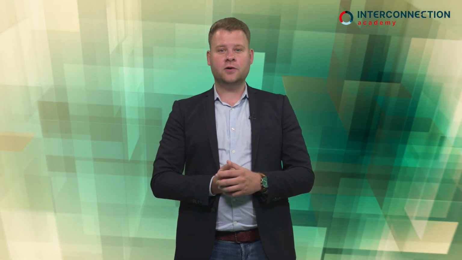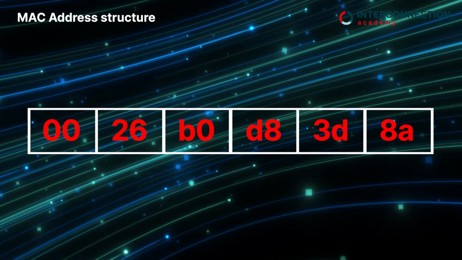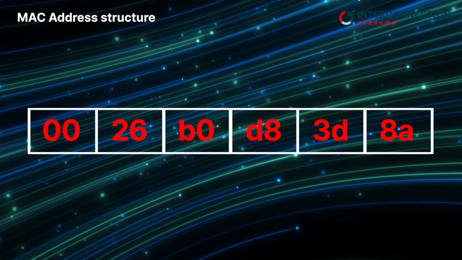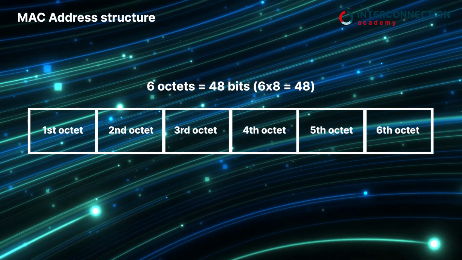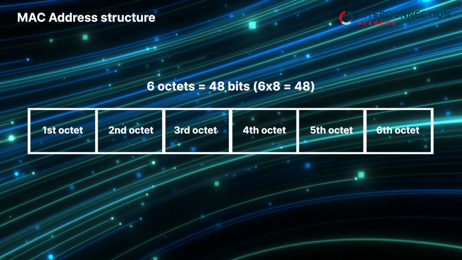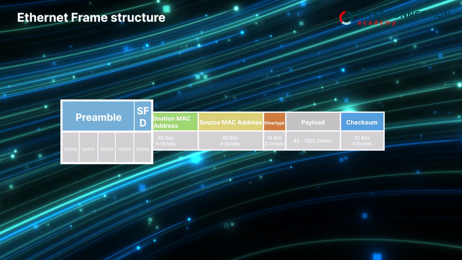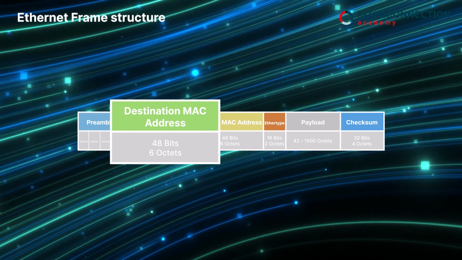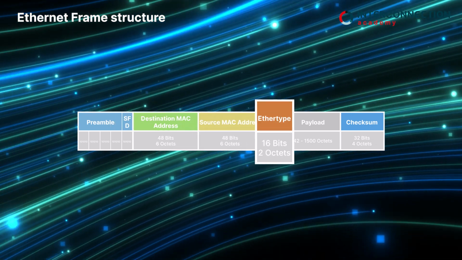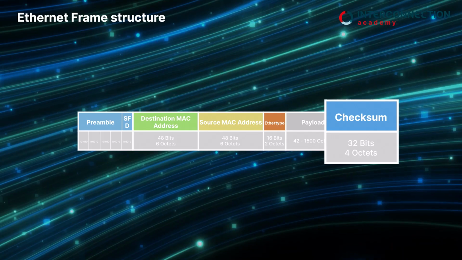Despite the lack of guaranteed delivery, Ethernet has proven highly effective and operates at high speeds. To prevent network overload, each station possesses a unique 48-bit MAC address, with frames discarded if the destination address does not match. The Ethernet frame structure includes a preamble, destination and source MAC address, EtherType and checksum.